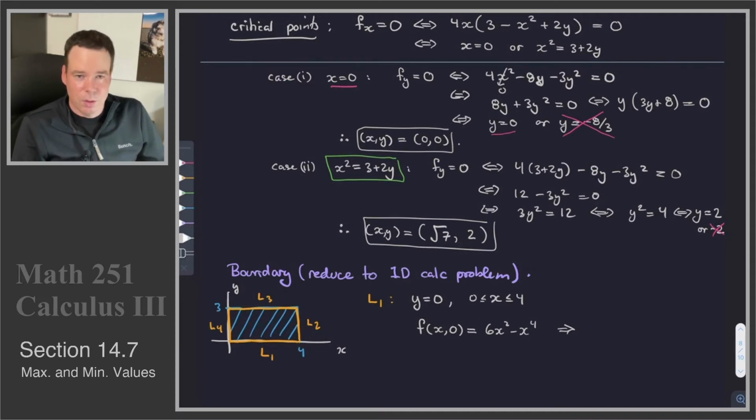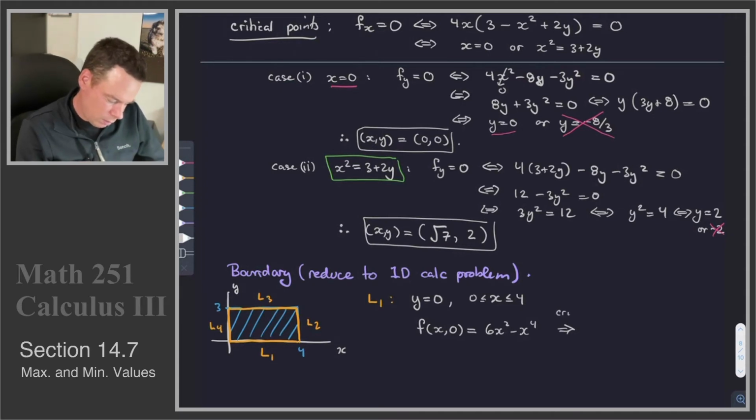We can find its critical points, differentiate, set to 0, find the critical points, and then figure out which one's biggest and which one's smallest, compare it with the value of the function at the endpoints, the value of the function when x is 0, the value of the function when x is 4. So we can solve this 1D calculus optimization problem.